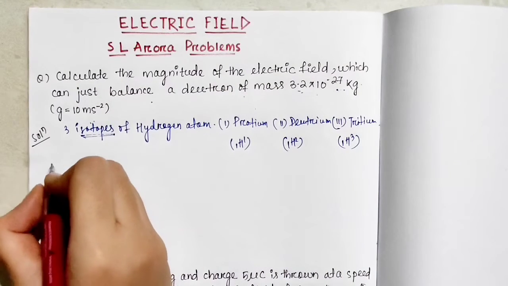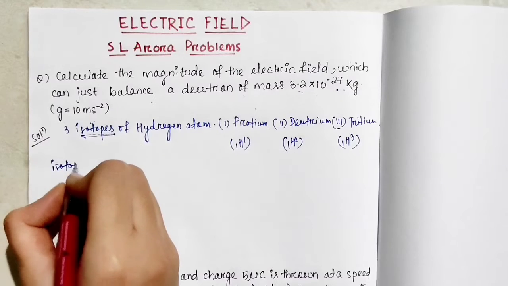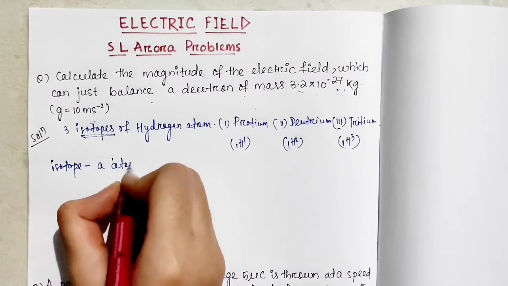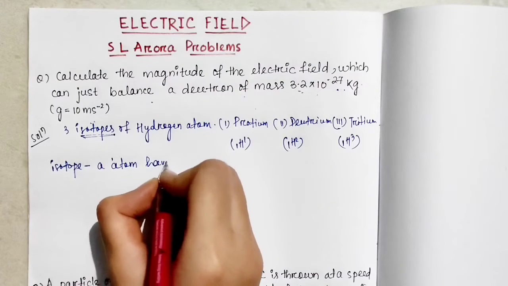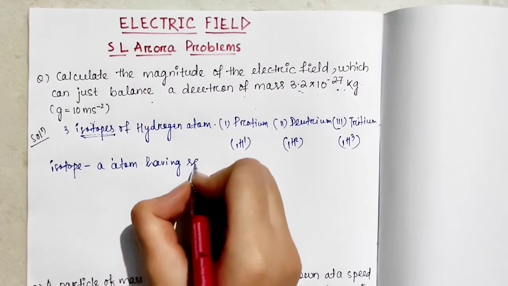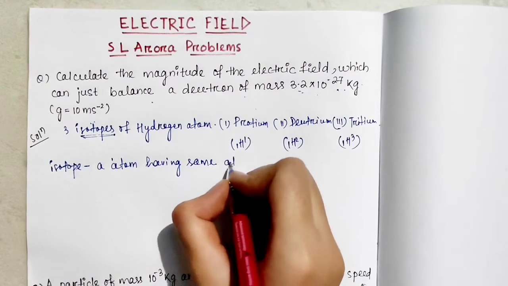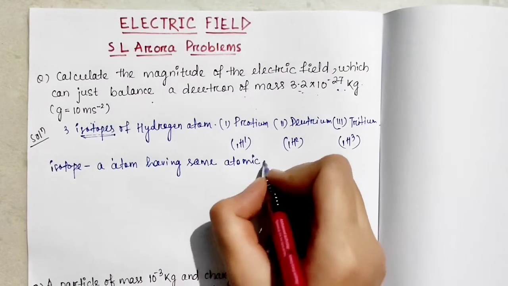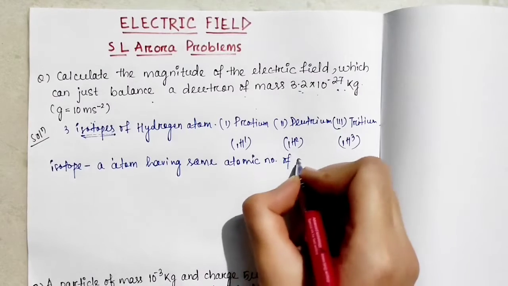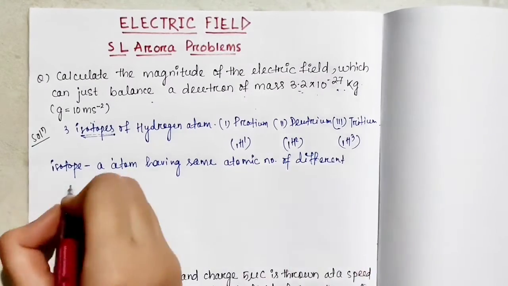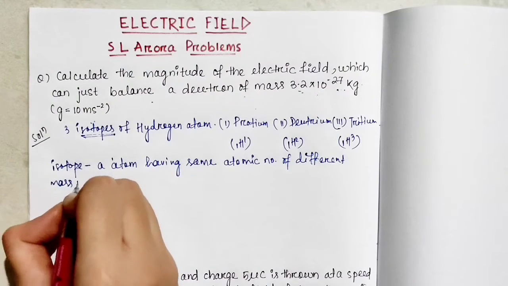An isotope means an atom having the same atomic number but different mass number.